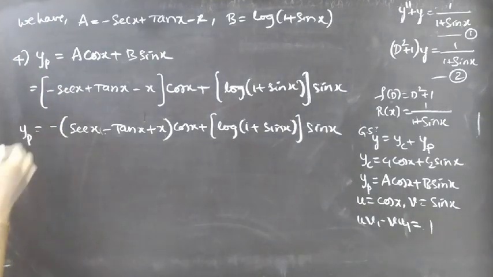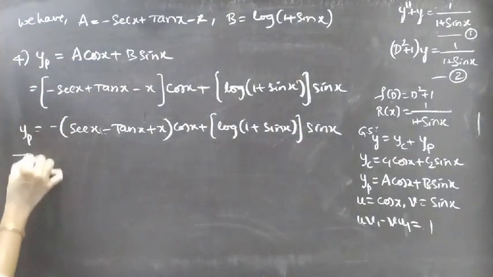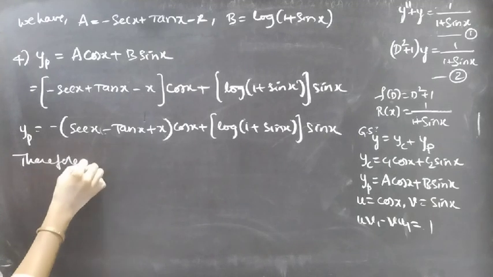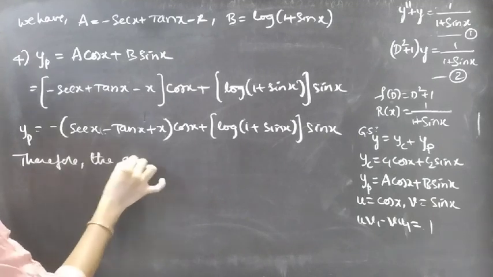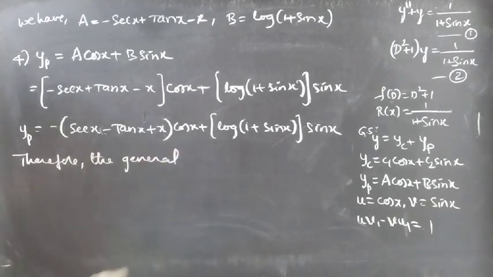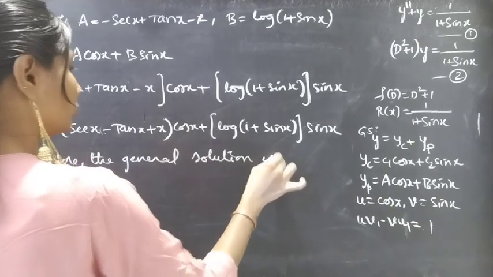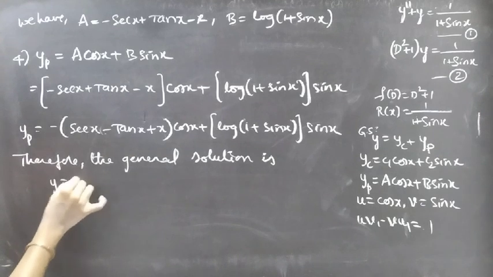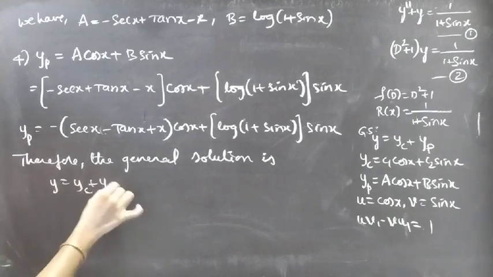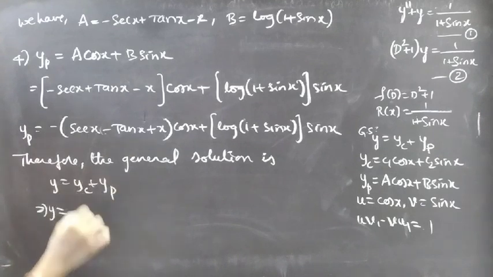Now we got yp. Let's now write the general solution. Therefore, the general solution is given by y equals yc plus yp. We have yc and yp. Let's substitute them.